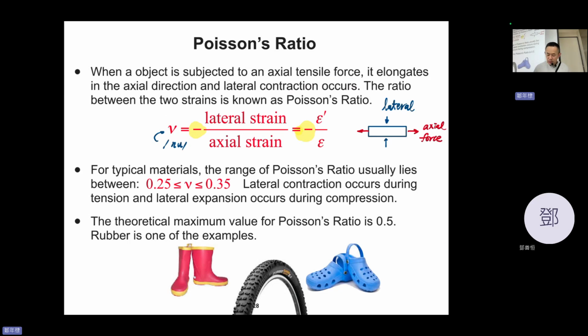Okay, so for typical materials, nu is between 0.25 and 0.35, more or less for most materials. But some very interesting materials like rubber have 0.5. Okay, and we said the theoretical maximum value is 0.5. Oh, why? Well, later we will explain to you why this 0.5 Poisson ratio is the theoretical maximum. I will explain to you in the future.